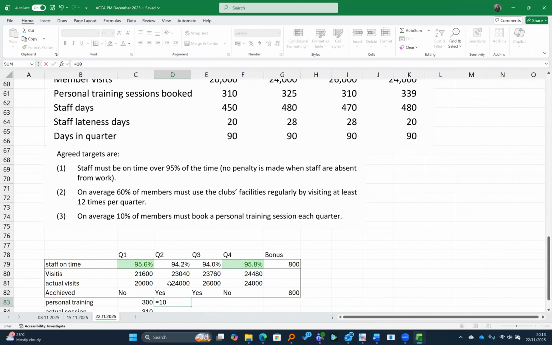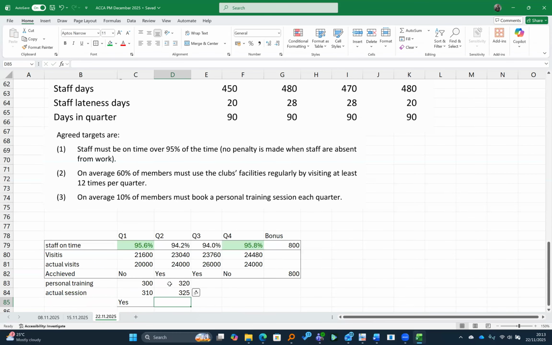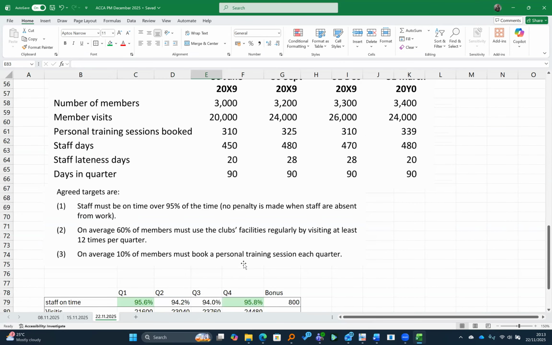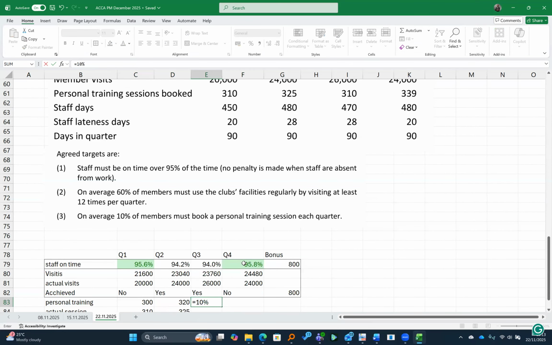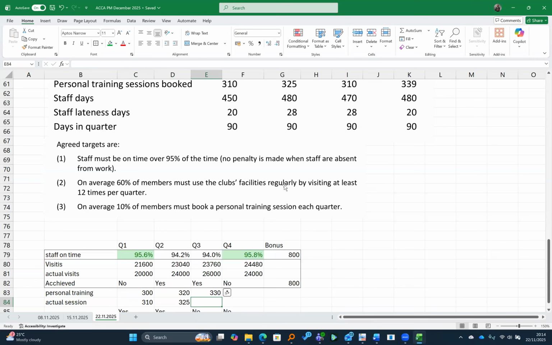So we have 10% of 3,200. If they booked, that will be 320. And this is 325. So this one also achieved. Then for quarter three, 10% of 3,000 is 330, and here I have 310.